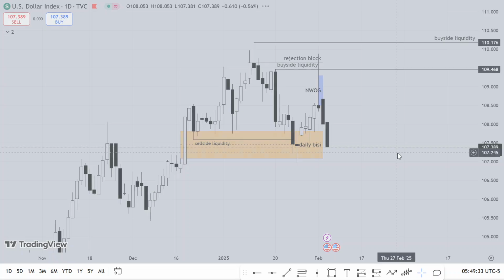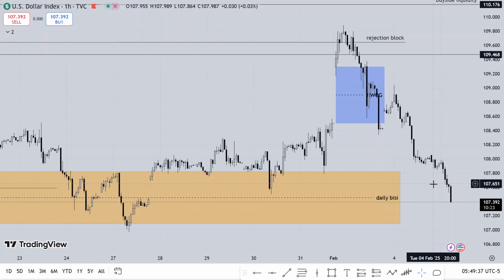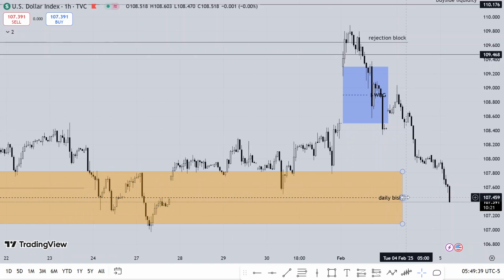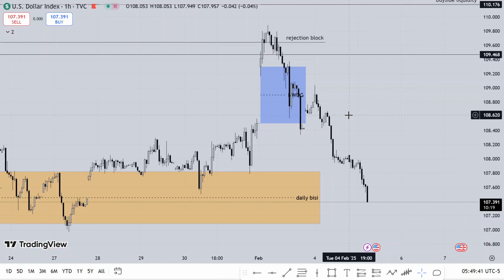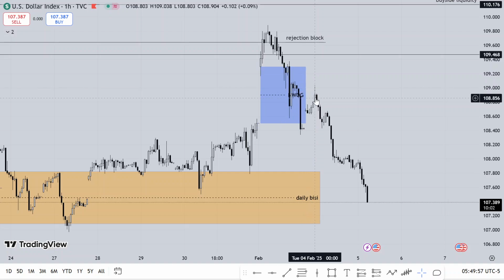Let's take a quick look and get a feel for what the market is trying to do. So we're trading inside of the BC. After creating this gap with the new week opening gap, price rallied higher, then dropped lower. Then we used the midpoint of the new week opening gap as a support broken turned resistance.